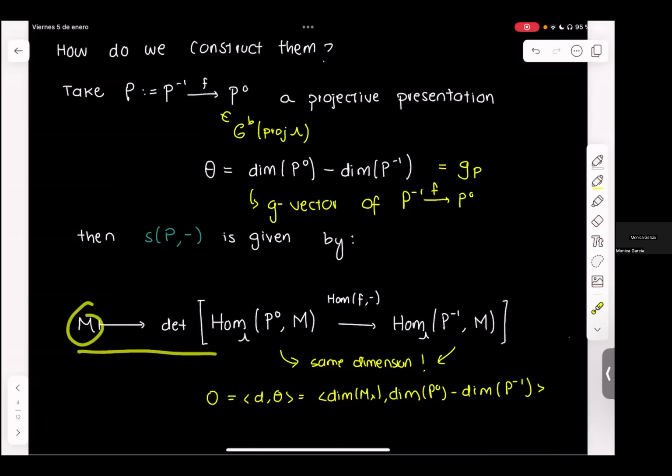To every M, I will associate the determinant of a C-linear map between these two C-linear spaces of homomorphisms. Turns out this thing is well defined because of the orthogonality condition that I asked. And if you take all of this for all projective presentations, and you take the algebra generated by them, you get all the theta semi-invariants, which is very cool.